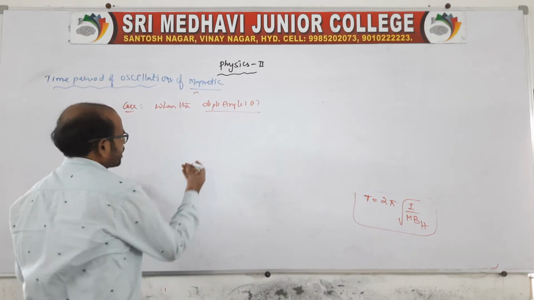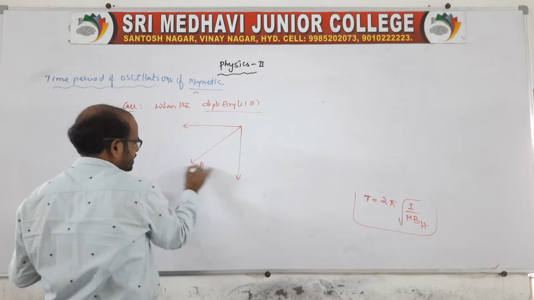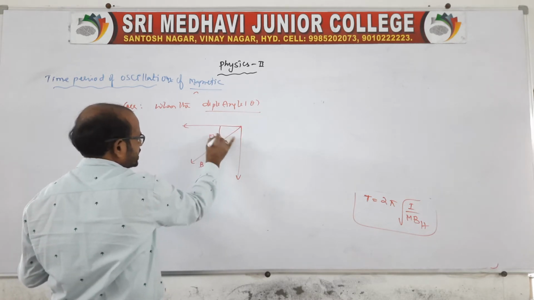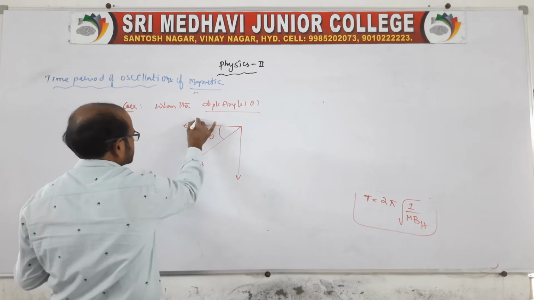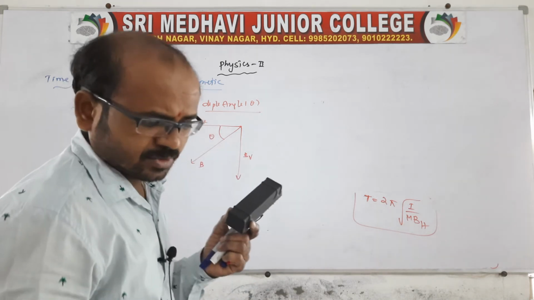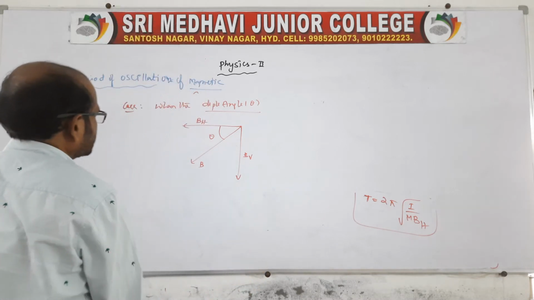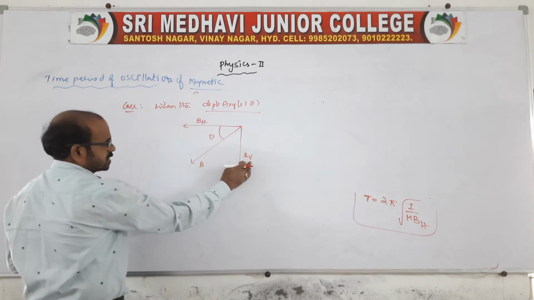So let us say there will be B, this is the resultant which makes an angle theta. This is BH, and this is BV for vertical. BH is nothing but the horizontal component of earth's magnetic field, and this is the vertical component.